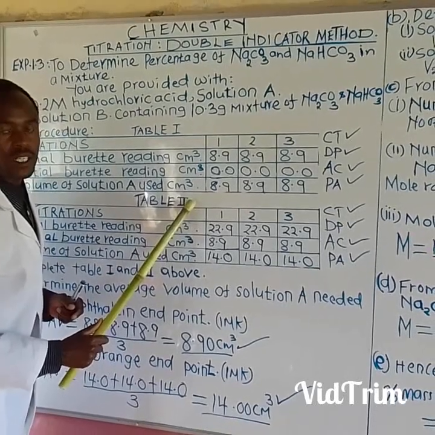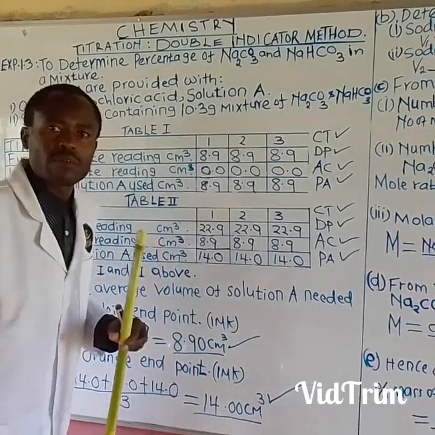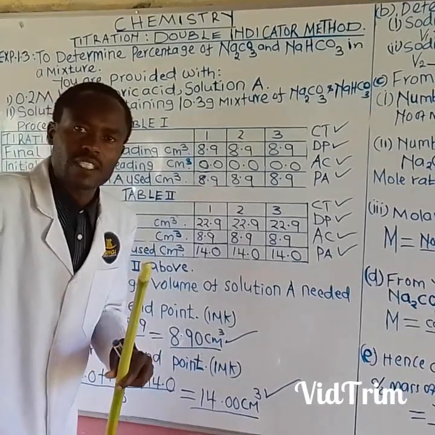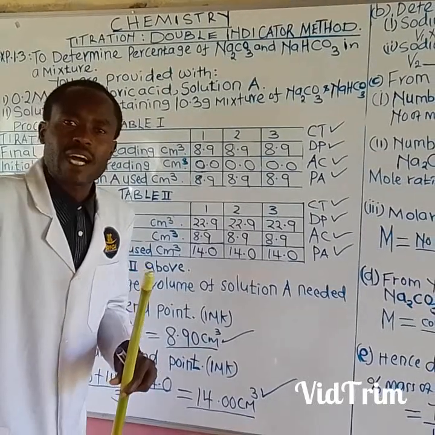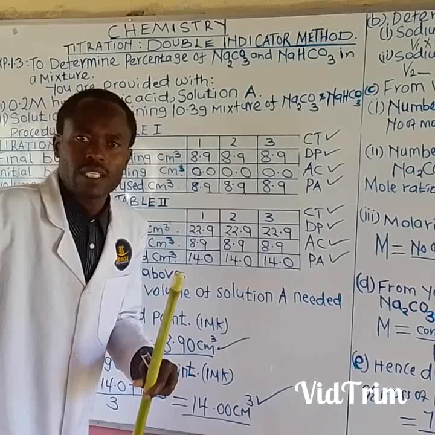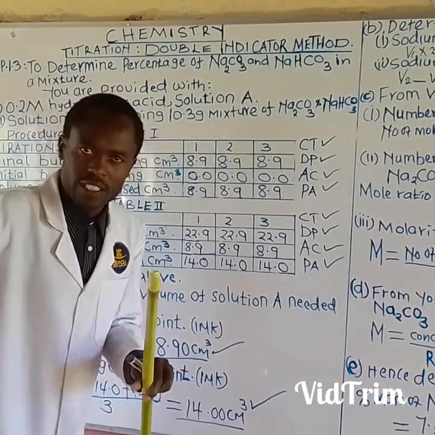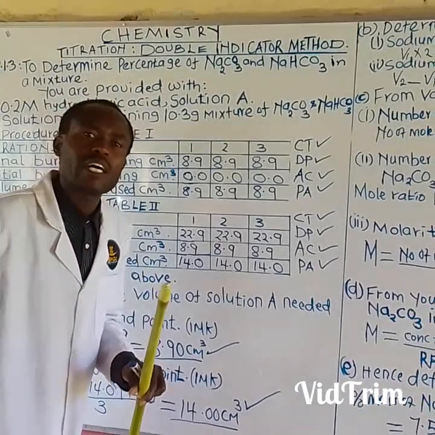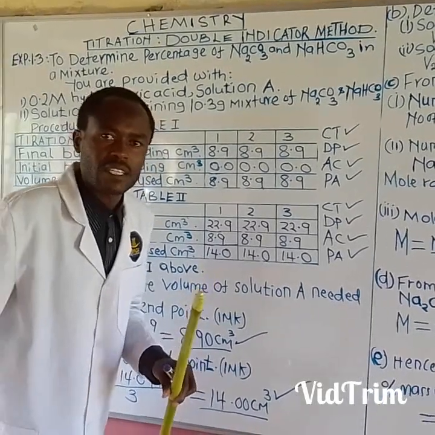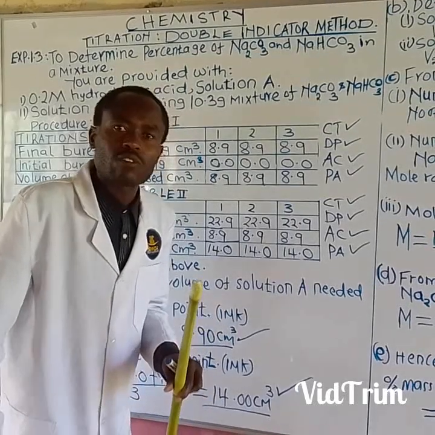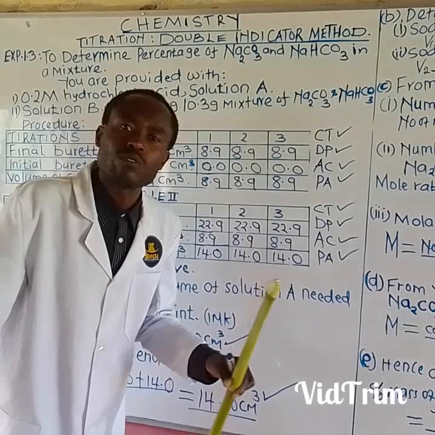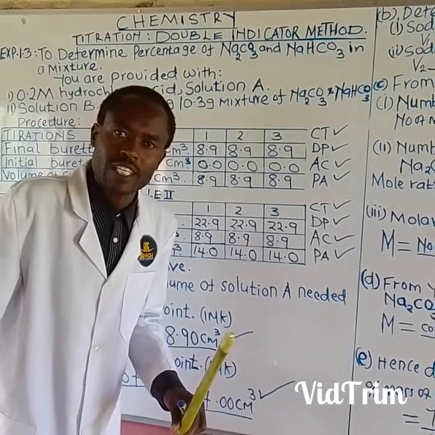Is it okay? So the acid in table 1, when you use phenolphthalein indicator, neutralizes sodium carbonate halfway. Then sodium hydrogen carbonate is unaffected, it remains. But when we add methyl orange in the second titration, then sodium carbonate, the remaining half, is also neutralized by HCl. Is it okay?